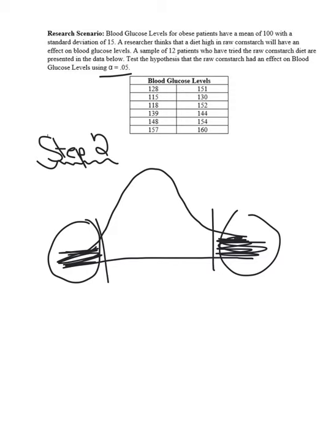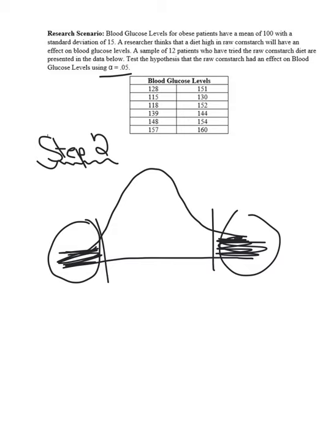So we need to look up 0.025 in the unit normal table, and now we're looking in the tail. So that is column C. So you're going to look up 0.025 in column C, and you should be seeing 0.0250, with 1.96 as the corresponding z-score.